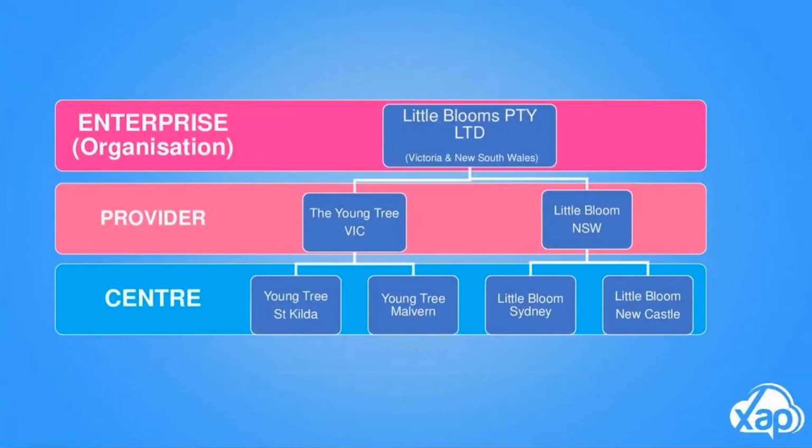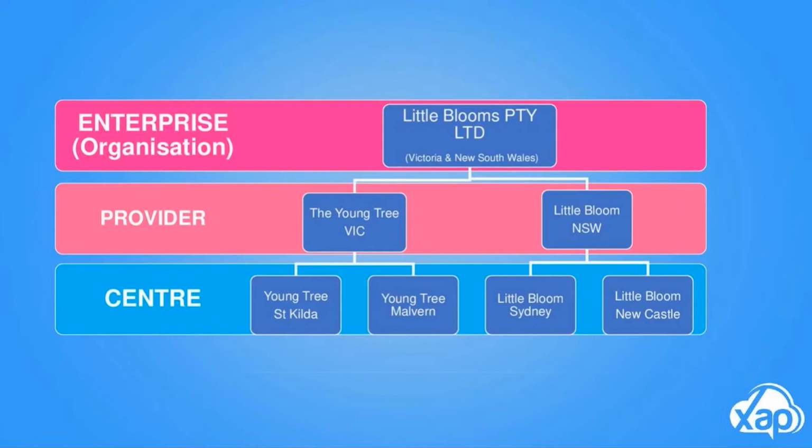So in our first level, we have an enterprise access. You can then break this down into provider and into center. So this is for our services that have multiple services under the one organization. So if you were to have enterprise access, you may have a service that's called Little Blooms, and they may operate services in Victoria and New South Wales.